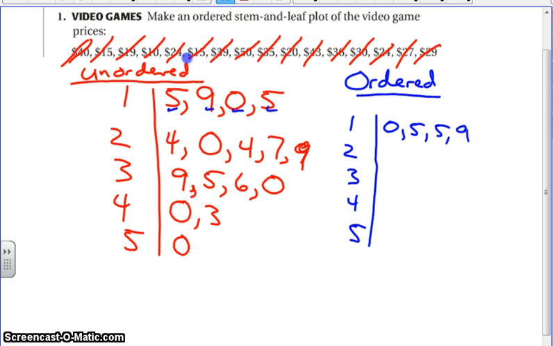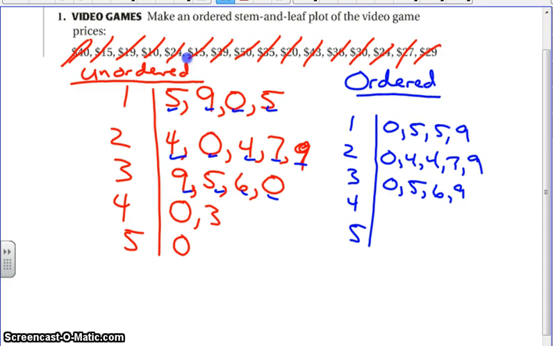And how about for the 2 stem, Carly? 0, 4, 4, 7, 9. Good. And Sophie for 3. 0, 5, 6, 9. Good.